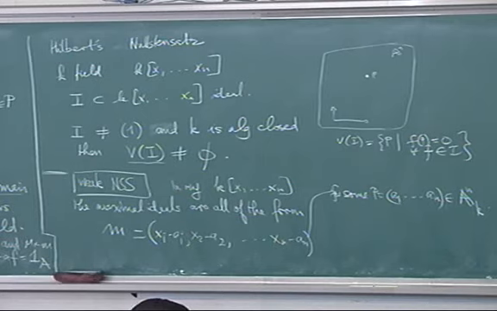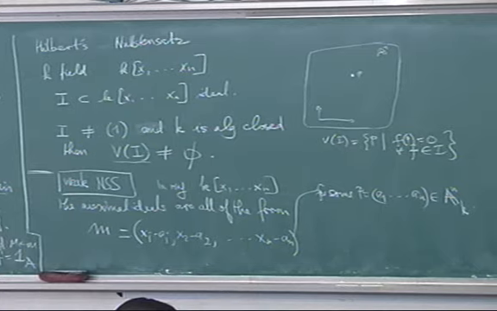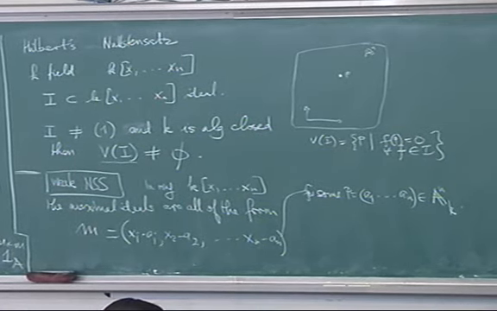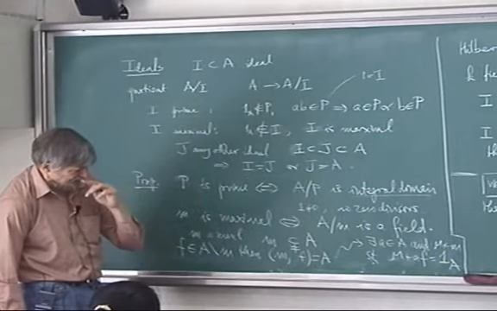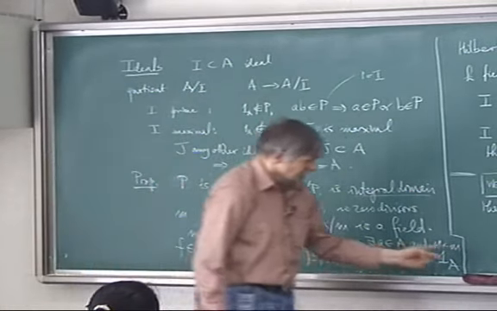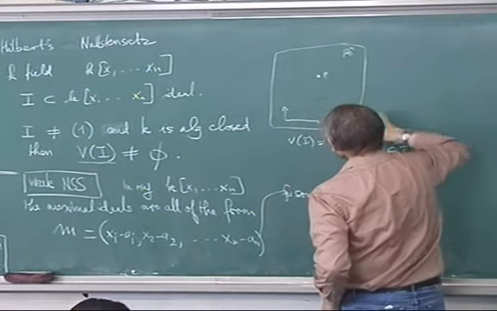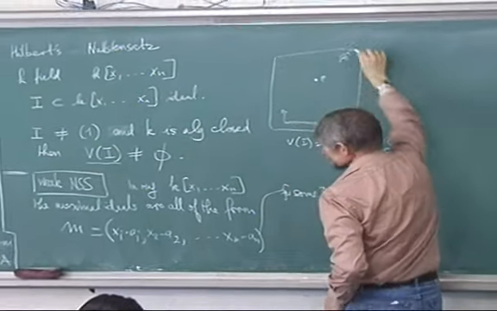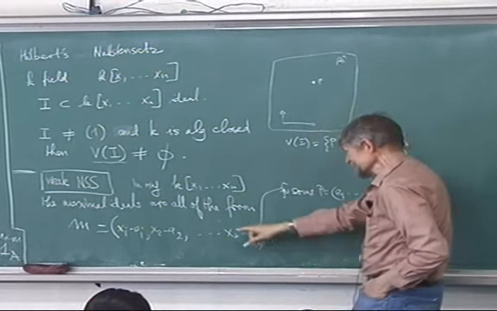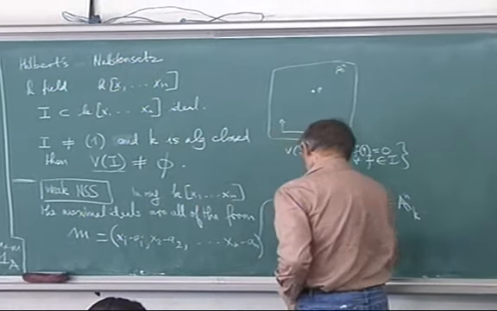So this is maybe the first place where you really get a close connection between commutative algebra on the one hand and geometry on the other hand. The points of the space here are the same thing as the maximal ideals of the ring.